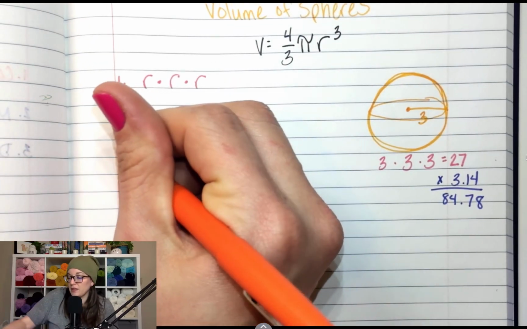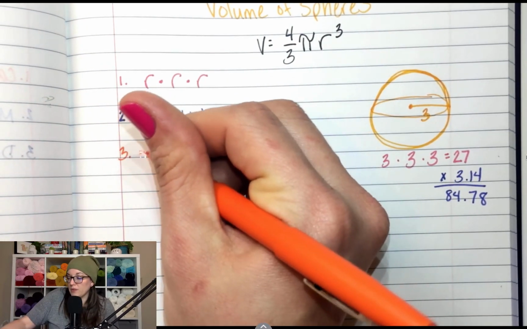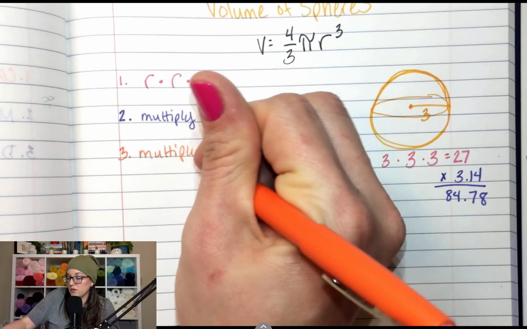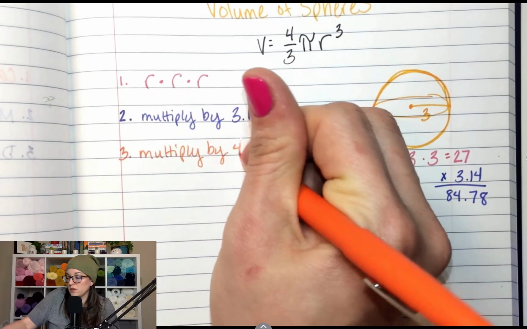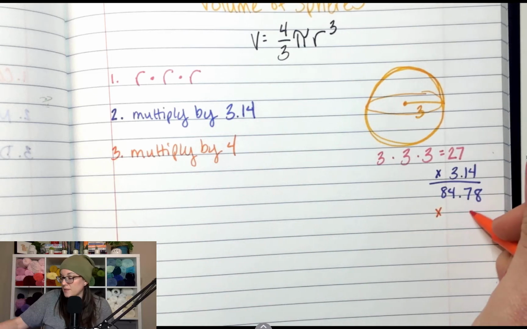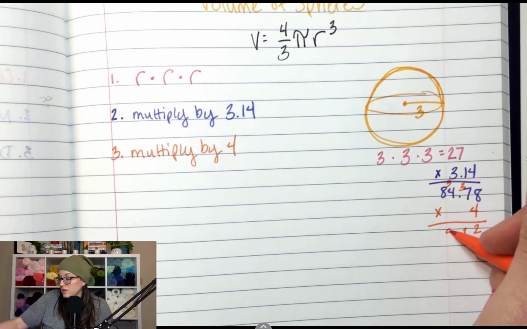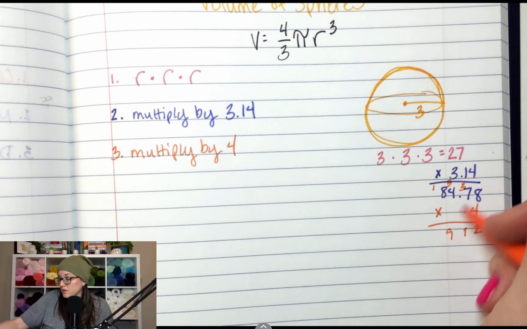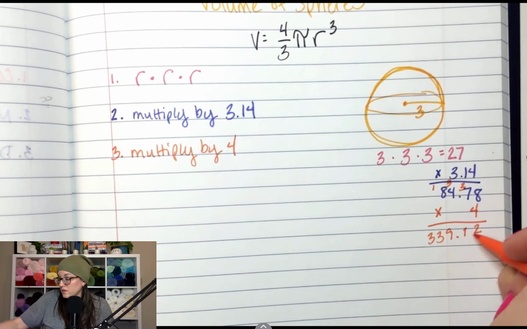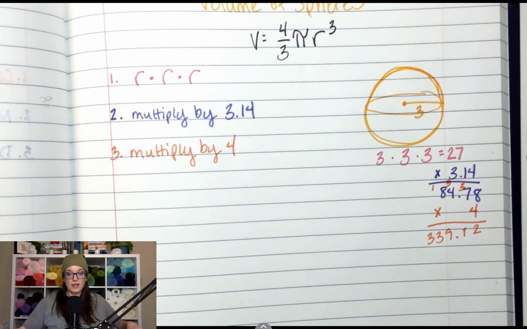So step 3, we multiply by 4. So this times 4. All right. And then 339.12.